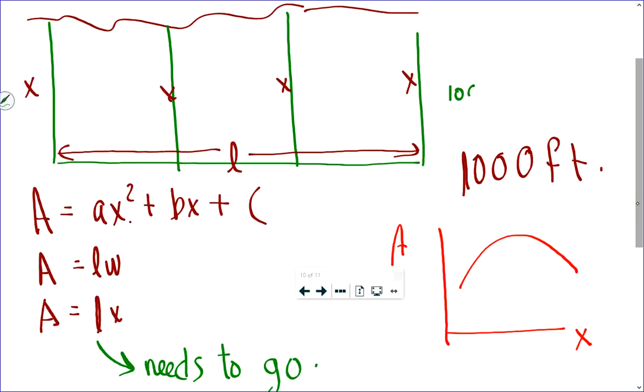It's 1,000 is equal to 4x plus L. Now, by the way, if I didn't say use X, then you would have had 4W plus L. I hope it's reasonable in your head that you would want to get rid of the L anyway, because it's easier to rearrange this little beast for L. Right? It's 1,000 minus 4W. So L equals 1,000 minus 4W.